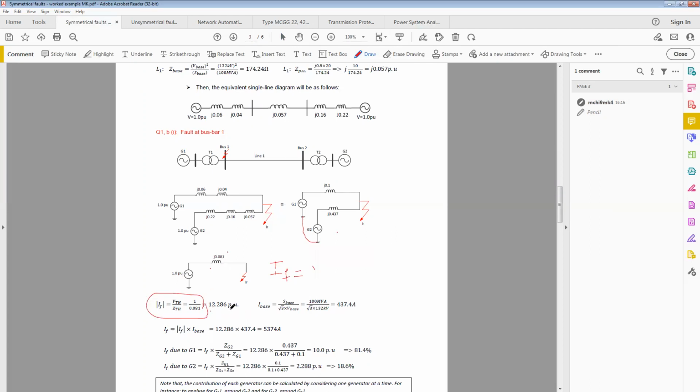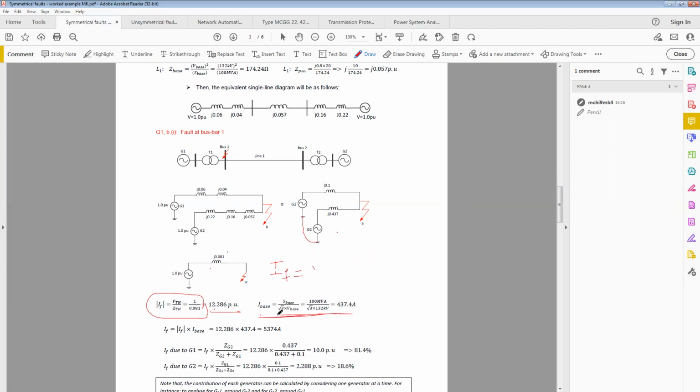So the total fault current in per unit is 12.286 per unit. This means the fault current in kiloamp or in amp is 12.28 times the nominal current flow. Because we don't know the nominal current flow, we have to calculate it.